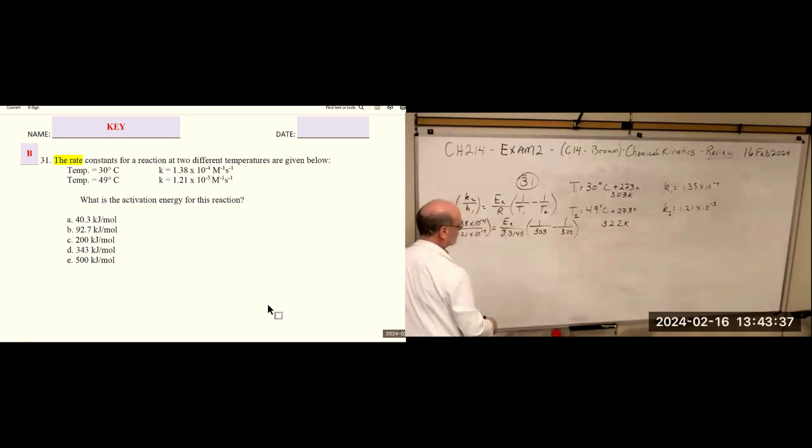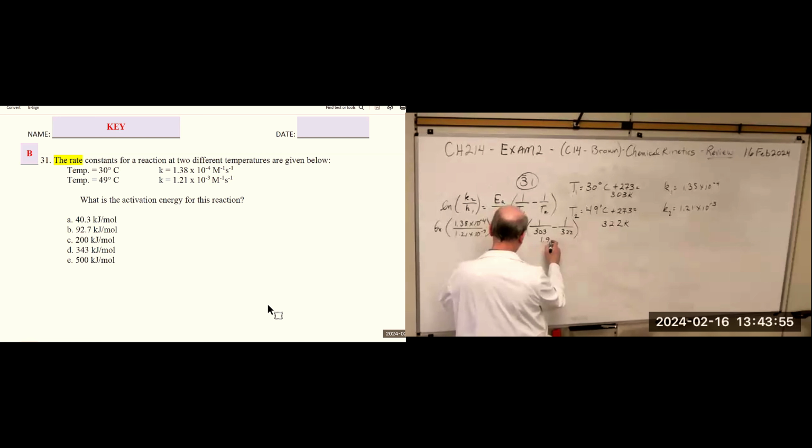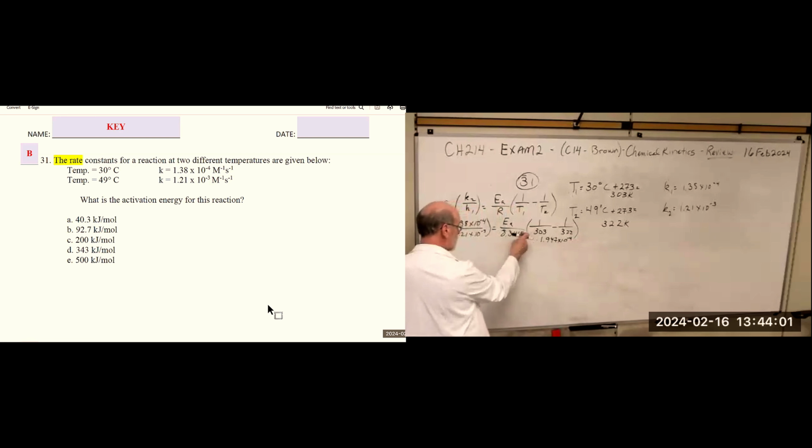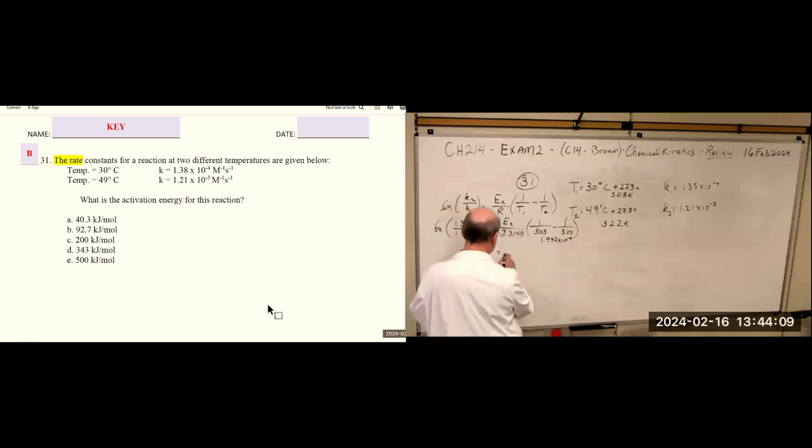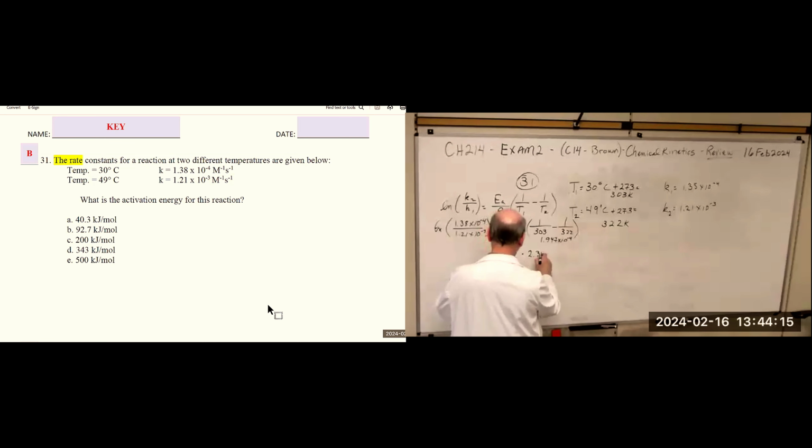Now, what's this value right here? This is 1.947 times 10 to the minus 4. And this is going to be divided by that value. Okay, so this has E sub A times 2.342 times 10 to the minus 5.